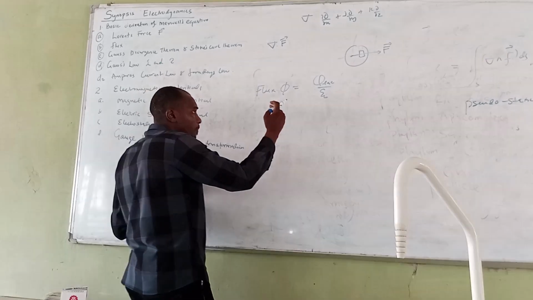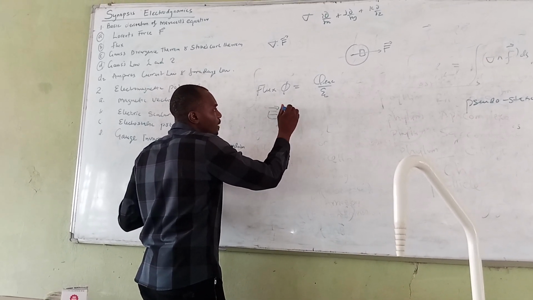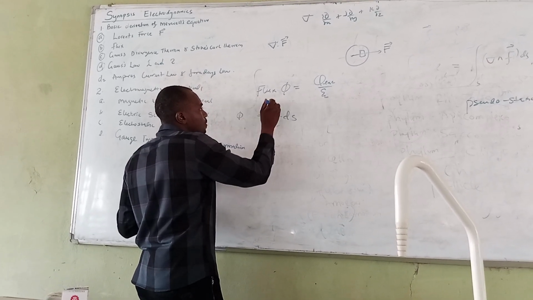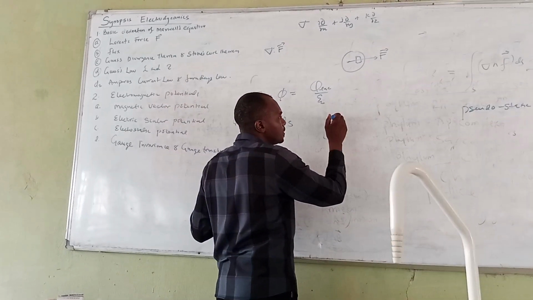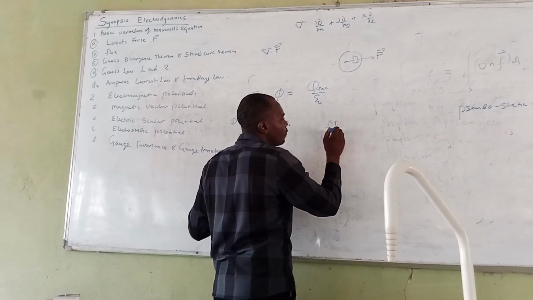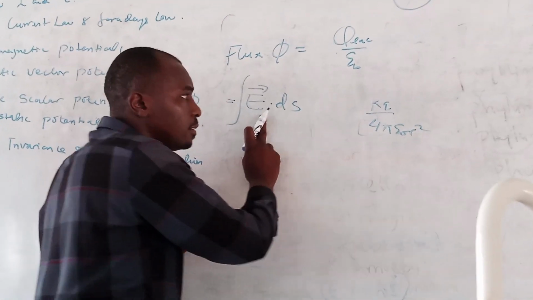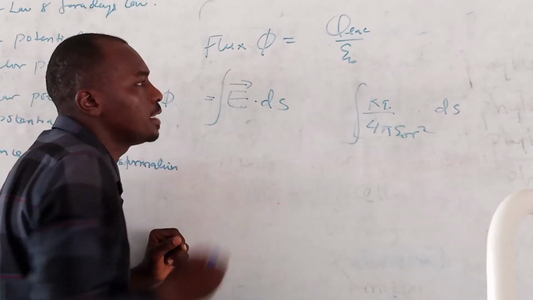We said electric field multiplied by ds is known as flux over the enclosed volume. But you know that electric field is kq all over 4 pi epsilon naught r squared, isn't it? And you are multiplying by ds, and you have your integral.